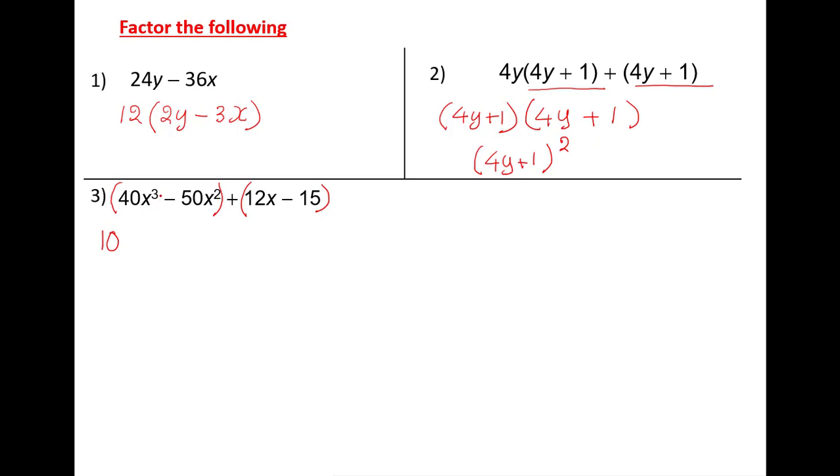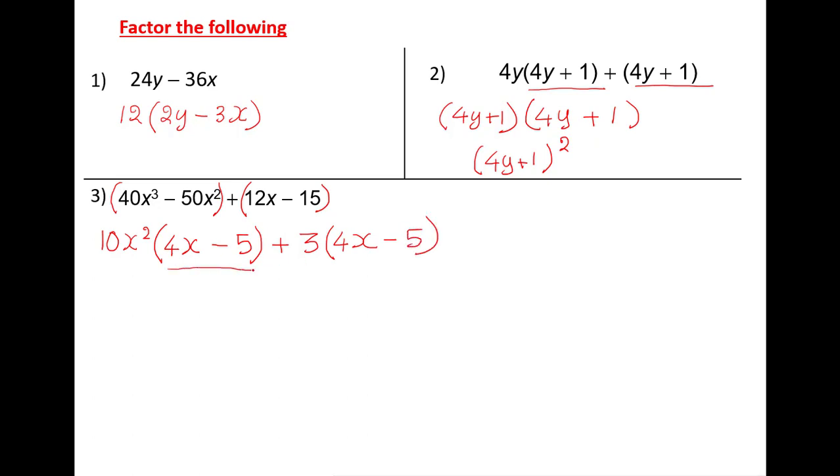Then the common factor between x cubed and x squared is the least, which is x squared. I'll open my bracket. I will find here that I have 4x and I have negative as it is, and then this will be 5. The second bracket, I'll take a common factor as 3. I don't have any letters common, so it will leave me with 4x minus 5.